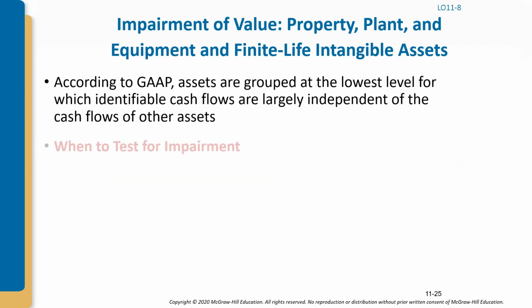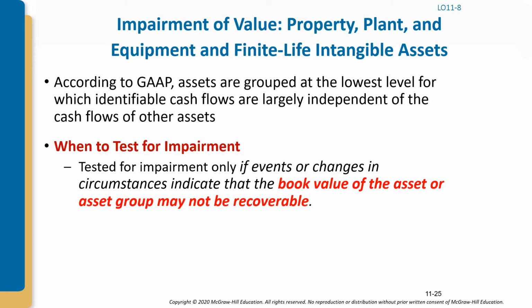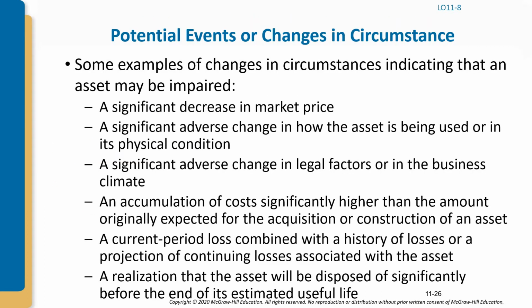So when to test for the impairment? An asset is tested for impairment only if events or changes in circumstances indicate that the book value of an asset or group may not be recoverable. Here are some examples of circumstances that may have impact on the value of an asset.